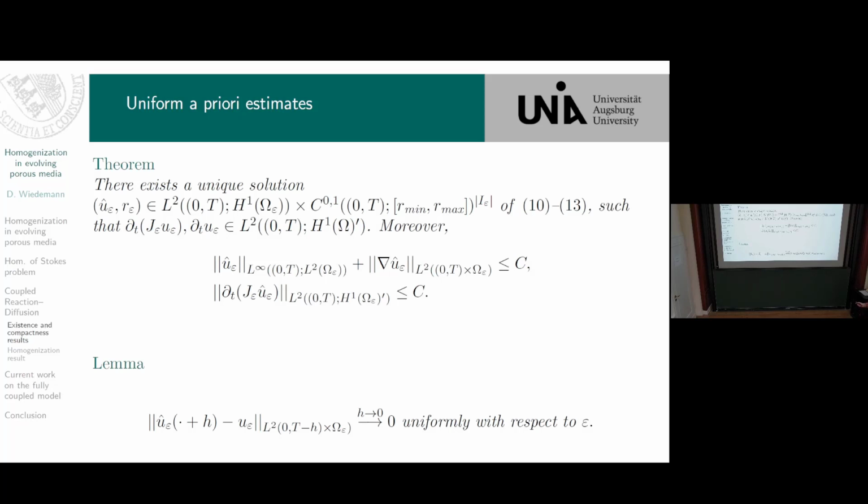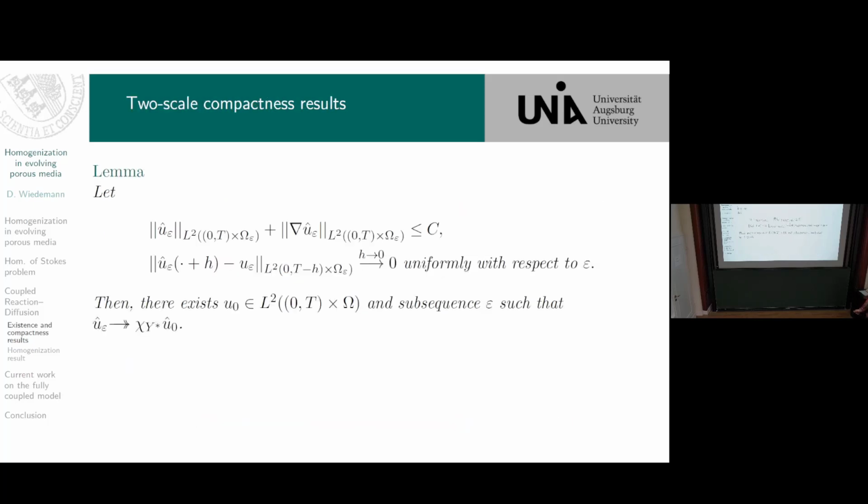We somehow don't need again this time derivative of u epsilon, and then we get some compactness results, so we get some function u0 in this space, in a subsequence, such that we have the strong two-scale convergence. Here we have to be slightly careful because we are in the two-scale setting.